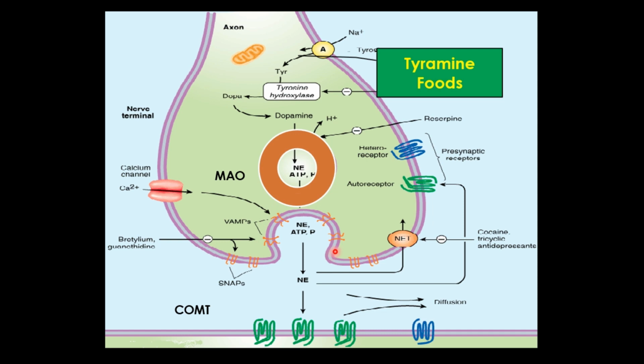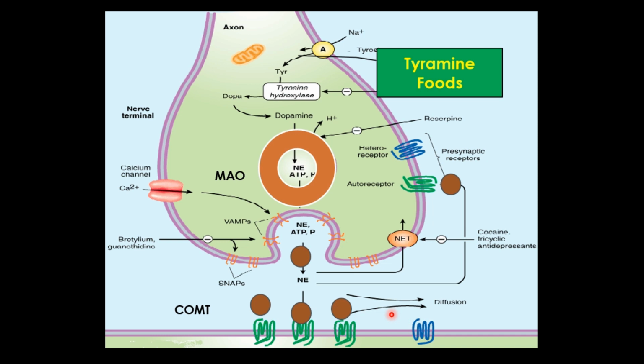There will be fusion of the vesicular membrane with the neuronal membrane, and exocytosis and release of the neurotransmitter at the synaptic cleft. This neurotransmitter then binds with the postsynaptic receptors, and some of it binds at the presynaptic receptor.